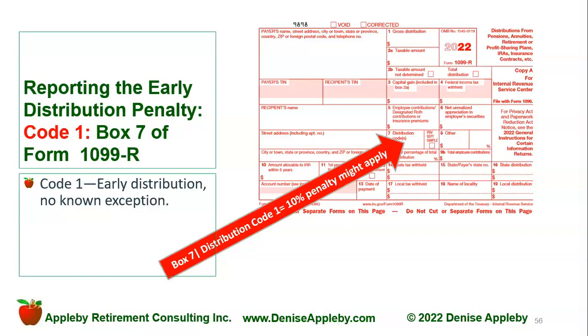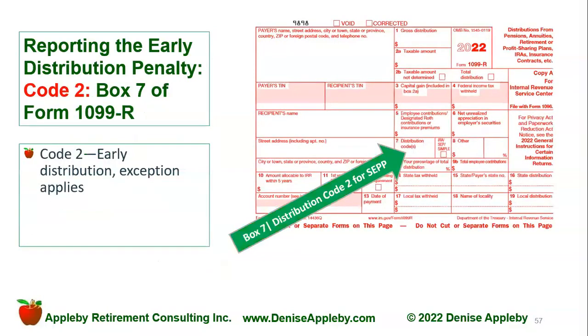The thing is, sometimes the IRA custodian is allowed to use code 1, even though the IRA owner or plan participant does qualify for an exception. I'll talk about, well, what do we do in that case then? I'll talk about that in a little bit.